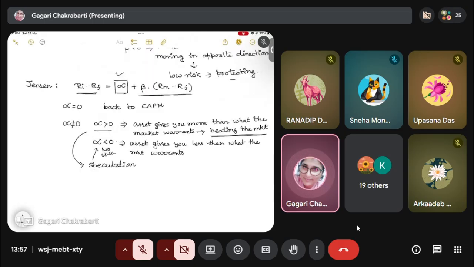So therefore, এই equationটা 2, if you estimate that, then you get alpha, which gives you some idea of speculation, and beta.